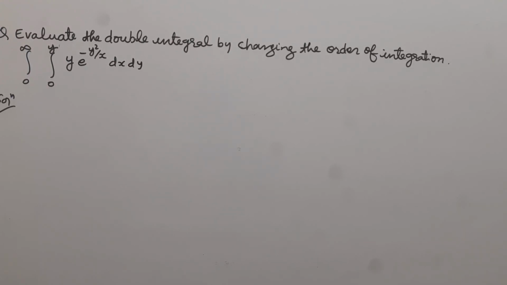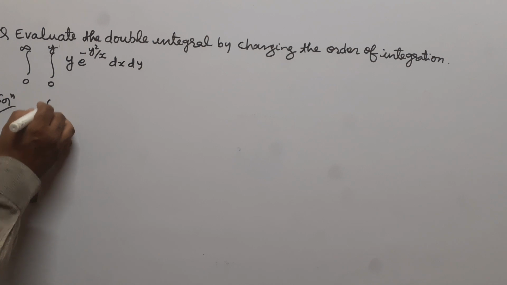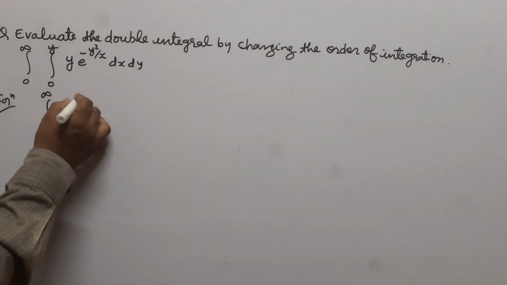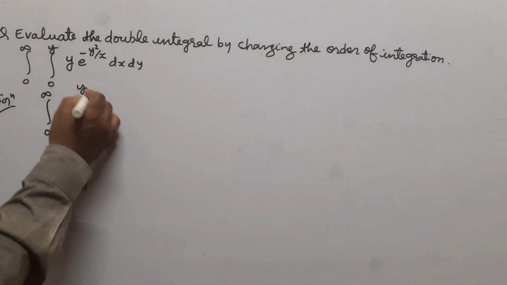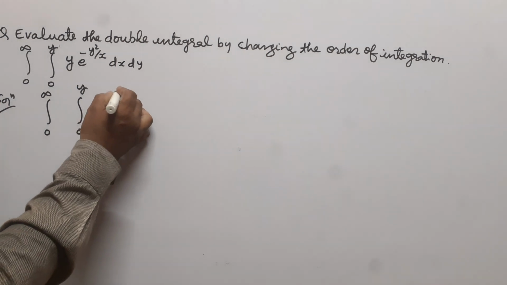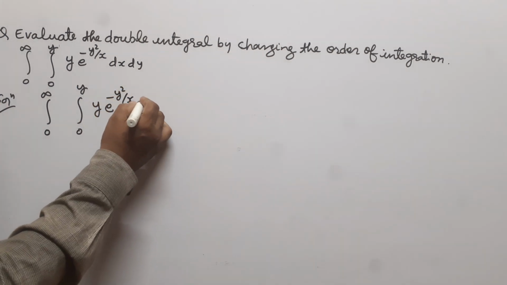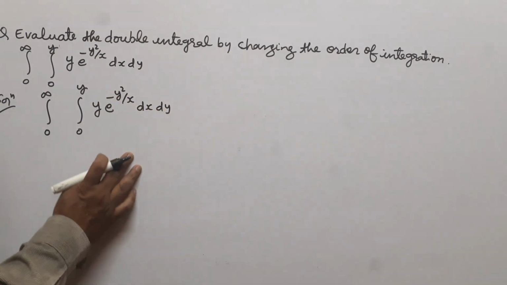Here we have to evaluate the double integral by changing the order of integration. The given double integral is from 0 to infinity, and the inner limit is from 0 to y, of e to the power minus y square upon x, dx dy.